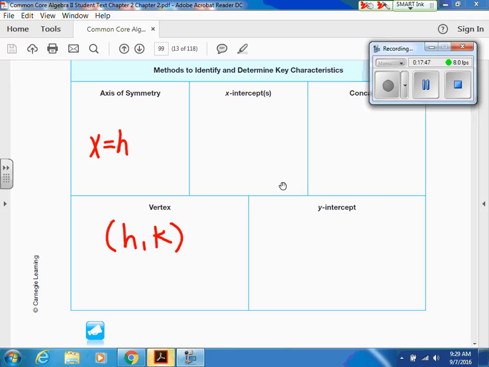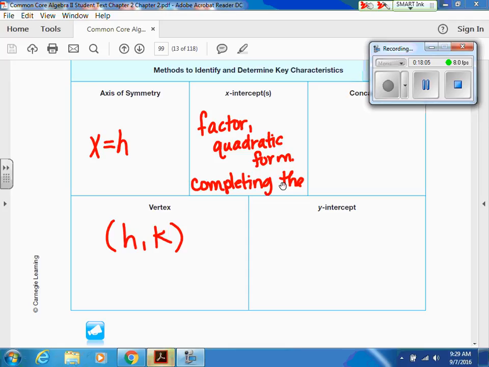X-intercepts, same as the last one. You have to factor. You have to use quadratic formula. You can use completing the square on this one too, because it's kind of already completed. Concavity is the same.